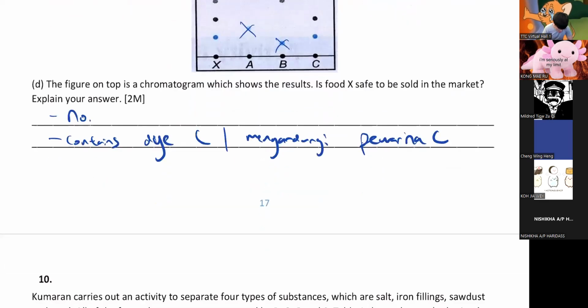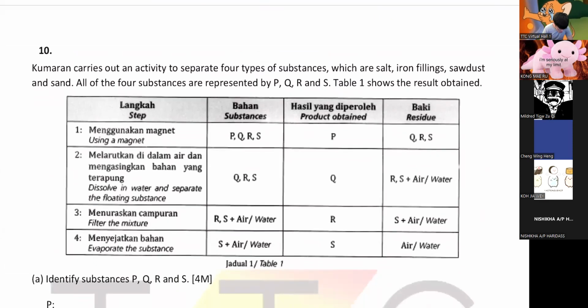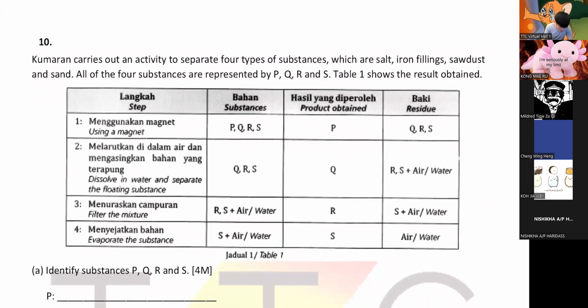Okay, next, let's do one more. Number 10, Kumaran carries out an activity to separate 4 substances, which are salt, iron filings, sawdust, and sand. So this is how they separate them. Using a magnet, they can separate P. So definitely this is iron filings, because a magnet can only separate this. These 4 are mixed together. Dissolve in water and separate the floating substance.